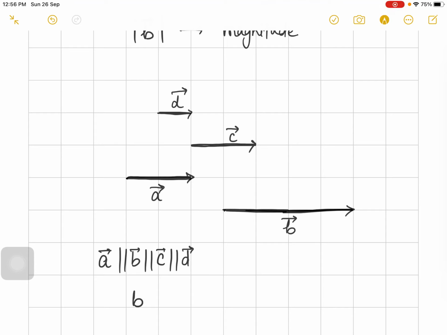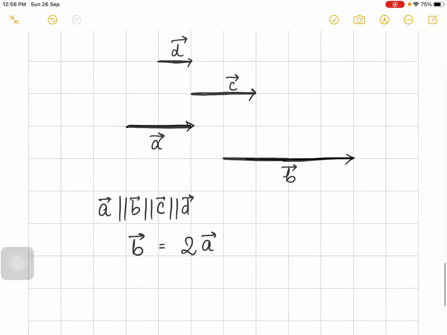So I can say that B vector is double of A vector. This equality tells you that the vectors are parallel to each other, and the coefficient 2 tells you that twice of vector A will be equal to the B vector, which is clear geometrically also. That's one relationship.